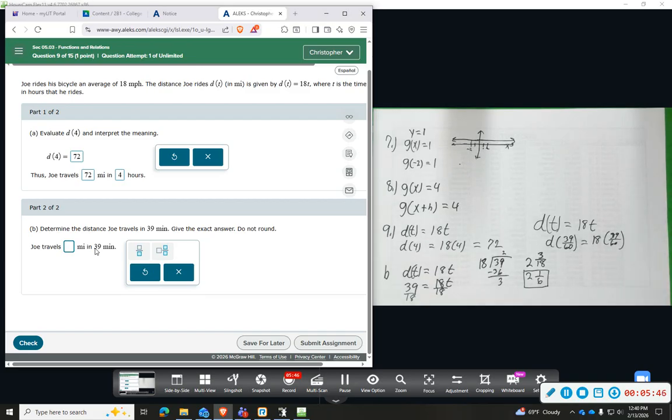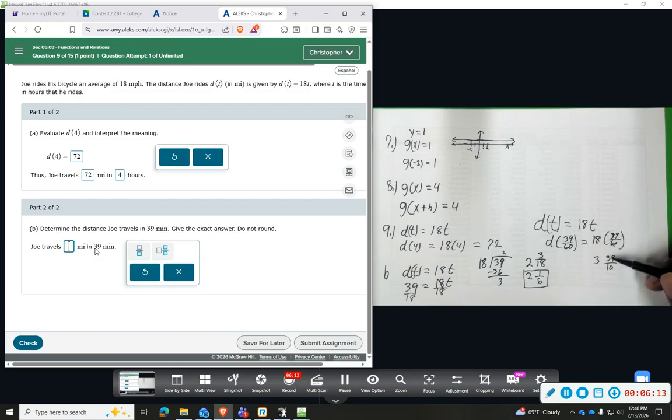And so just doing mental math, we can divide 18 and 60 by 6. So divide by 6 and that will become a 3. The 39 will stay the same. 60 divided by 6 will be 10. And so we're still multiplying. So 3 times 39, 3 times 40 is 120.